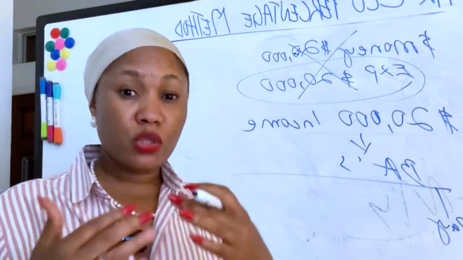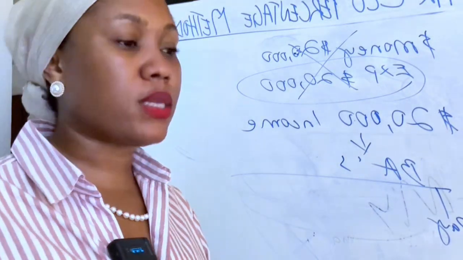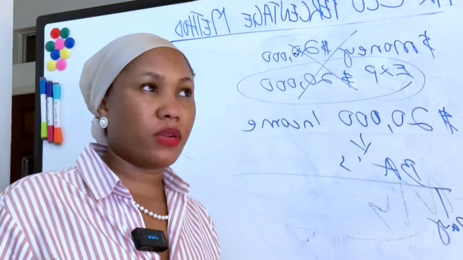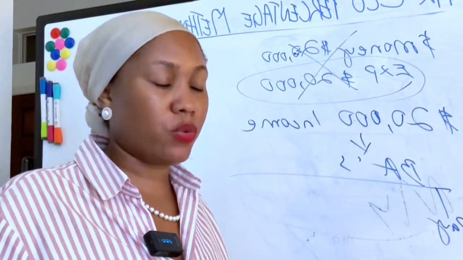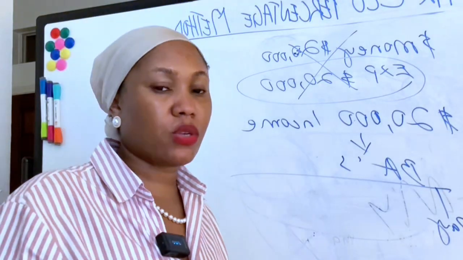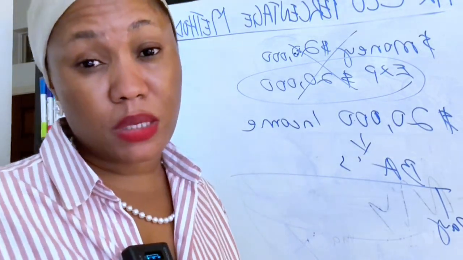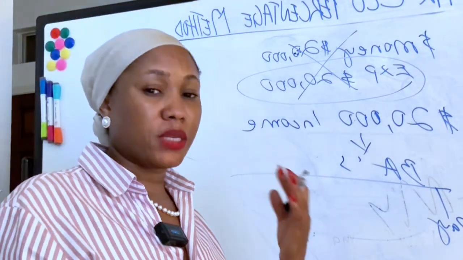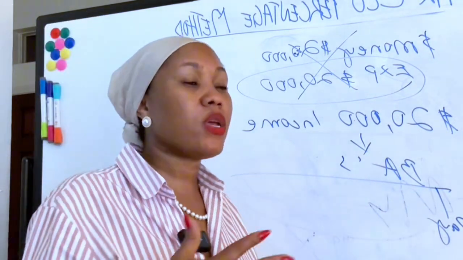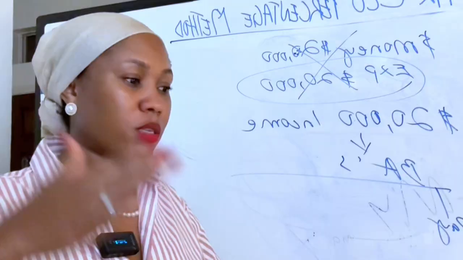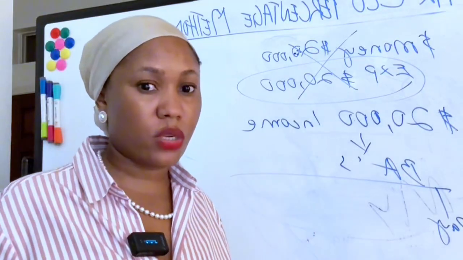But if we do a one-on-one assessment of your business, there might be a slight difference in the percentage rate. It varies based on the business. A product-based business percentage might be different from a service-based business percentage, and even the types of accounts. A bigger business versus a smaller business, I need you to understand these things.